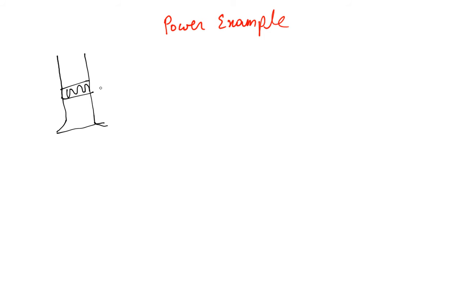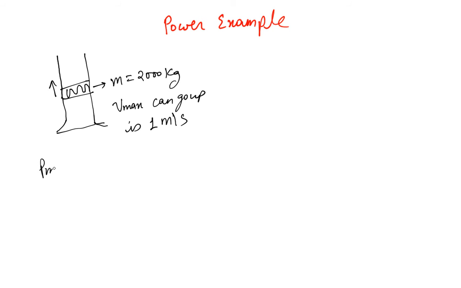That is the lift, let's say, and the mass of the lift is, let's say, 2000 kilograms, and the maximum velocity with which this lift can go up is 1 meter per second. So what is the maximum power this lift has?